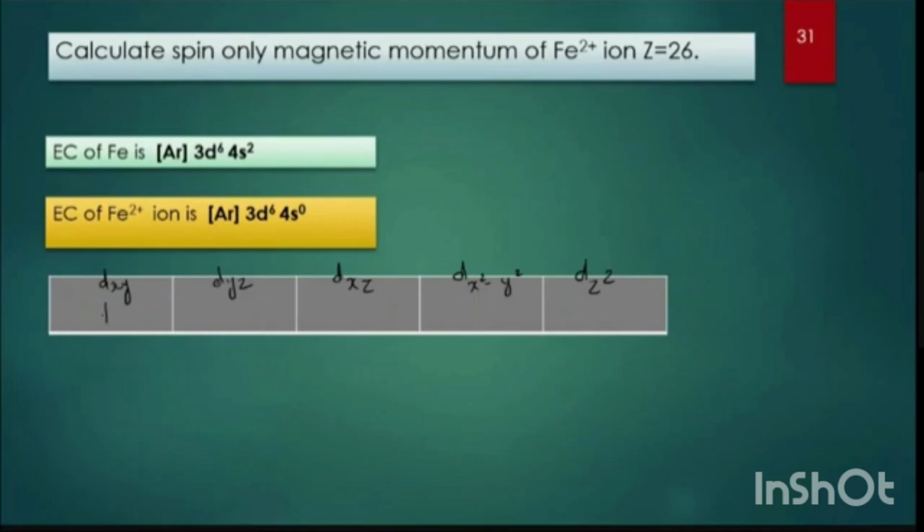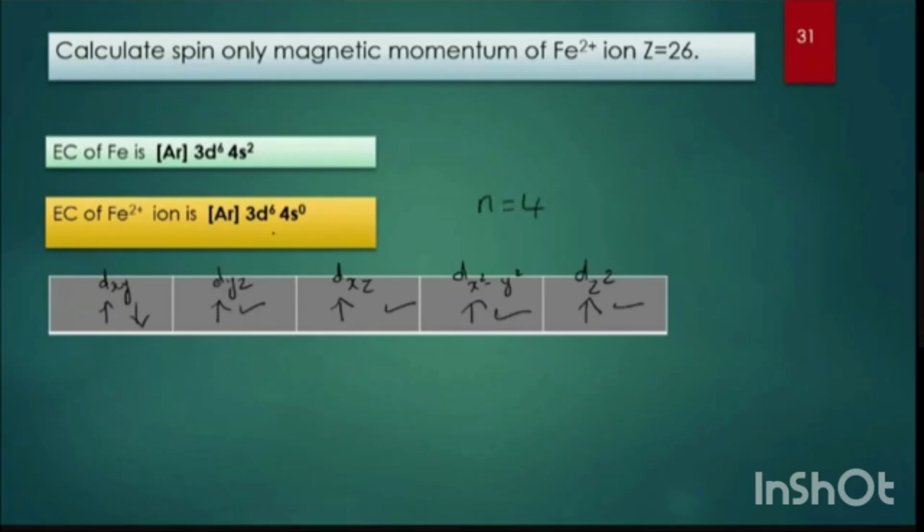Let me accommodate the electrons. First, this is the second, third electron, fourth electron, and this is the fifth electron. Still we are left with one more electron, that is the sixth. Now how many unpaired electrons are there here? Just 4. This is 1, 2, 3 and 4. So now the n value is going to become 4.